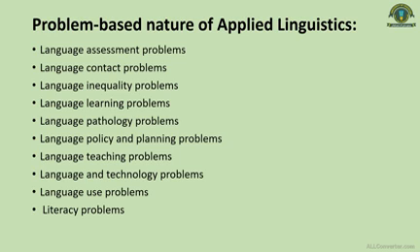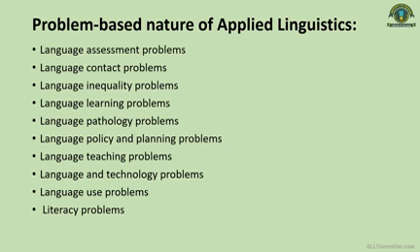So here we will discuss the problem-based nature of applied linguistics, that is, how applied linguistics helps to solve these problems that are related to language and that are part of our daily life routine. So here are the problems that applied linguistics tries to solve in our daily life.